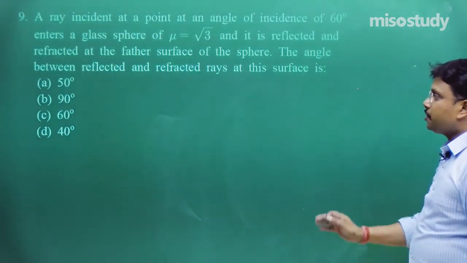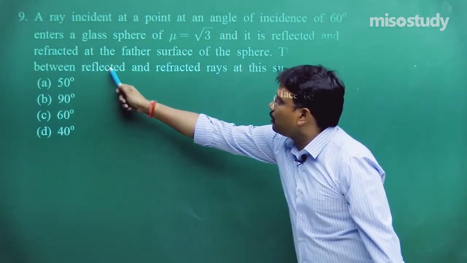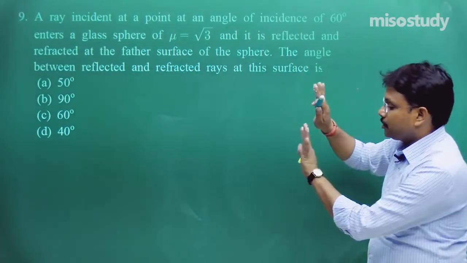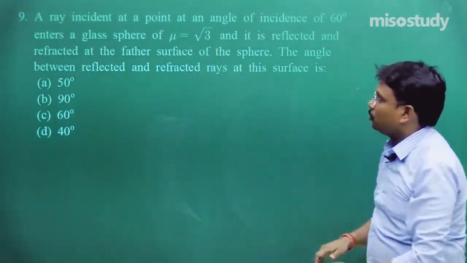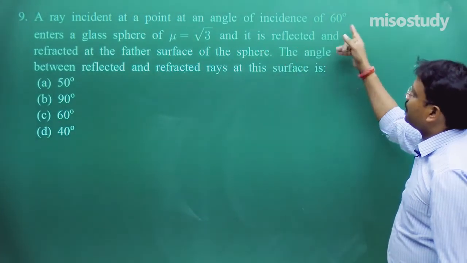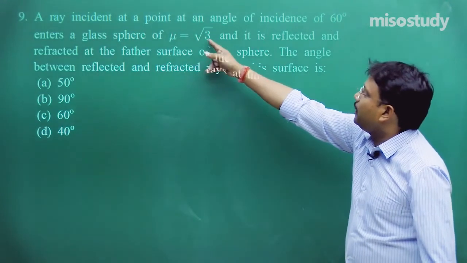Now, this question is purely a combination of, fine, whenever reading the question, always your eyes should come onto this. Ray incident at a point at an angle of incidence of 60 degree, that is pi by 3, enters a glass slab of refractive index this much.